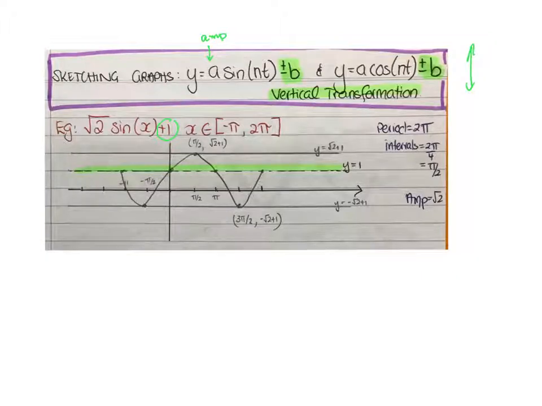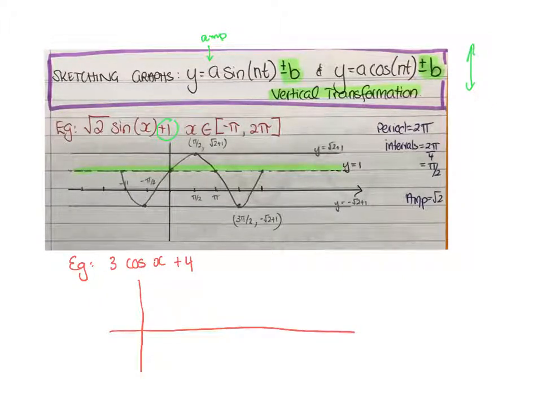So maybe if I draw a more basic one. So say if I said 3 cos x plus 4. Okay, so if I go to sketch that, we've got an amplitude of 3. So normally we'd go up to 3 and down to -3. But we're moving this whole graph up 4.